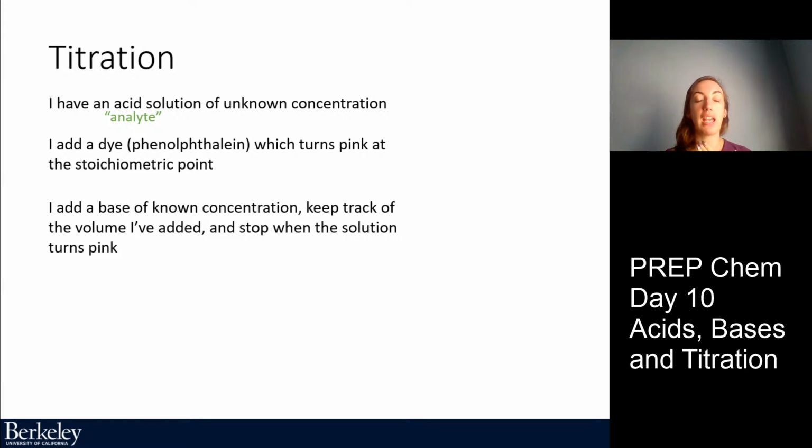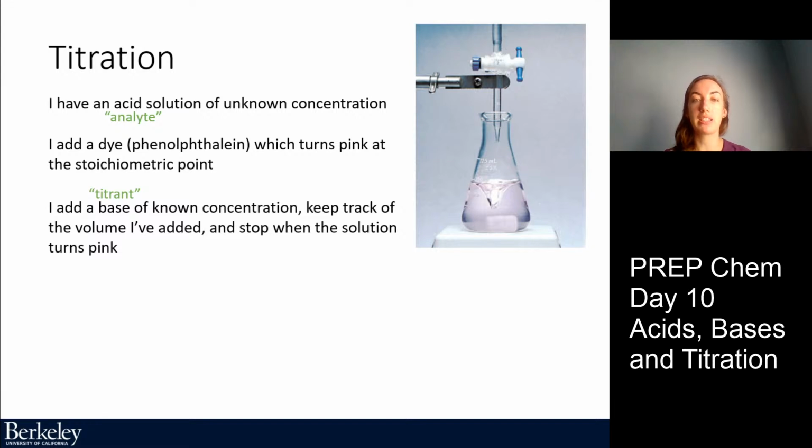So what I do is I add a base of known concentration. I keep track of how much of that base I've added, and I stop when the solution turns pink. The base that I'm adding is called the titrant. What that setup looks like is something like this. I have my flask with my acid solution that I've added my dye to. That's the thing on the bottom.